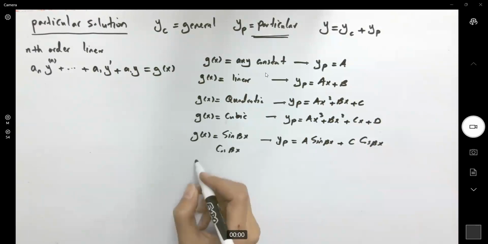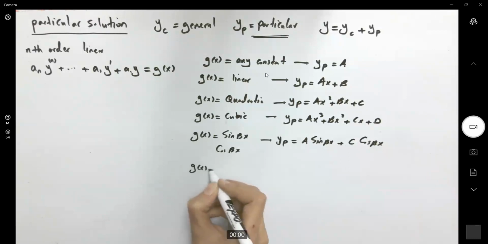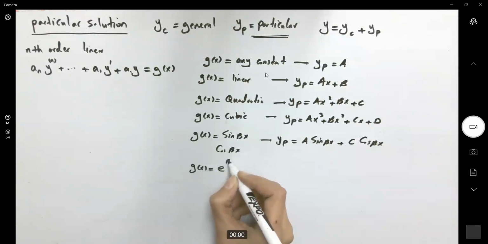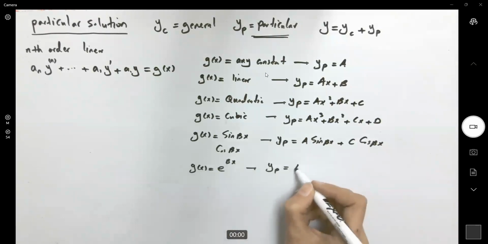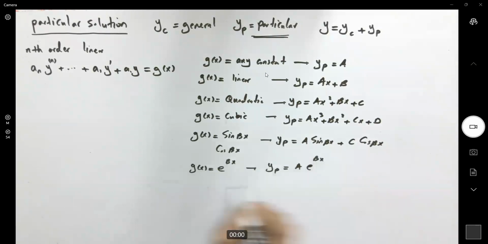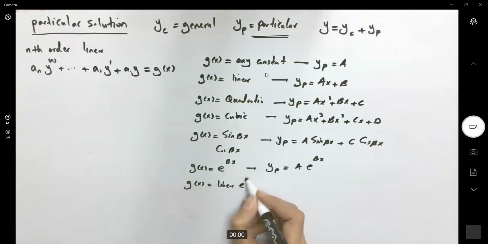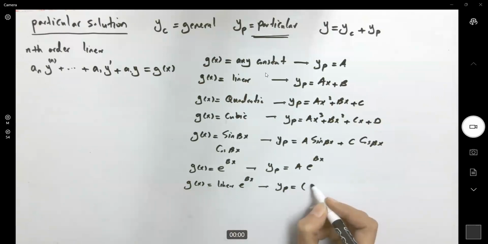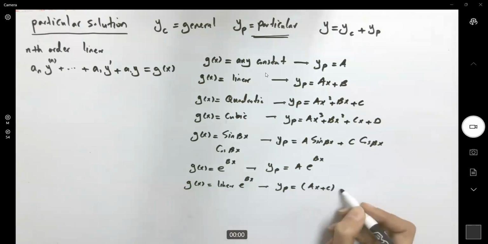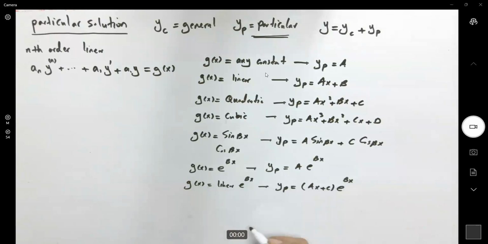If g of x is in exponential form, for example, e to the power bx, then y_p is A e to the bx. If g of x has a linear expression times an exponential, then y_p is a linear expression, Ax plus C, times e to the bx.